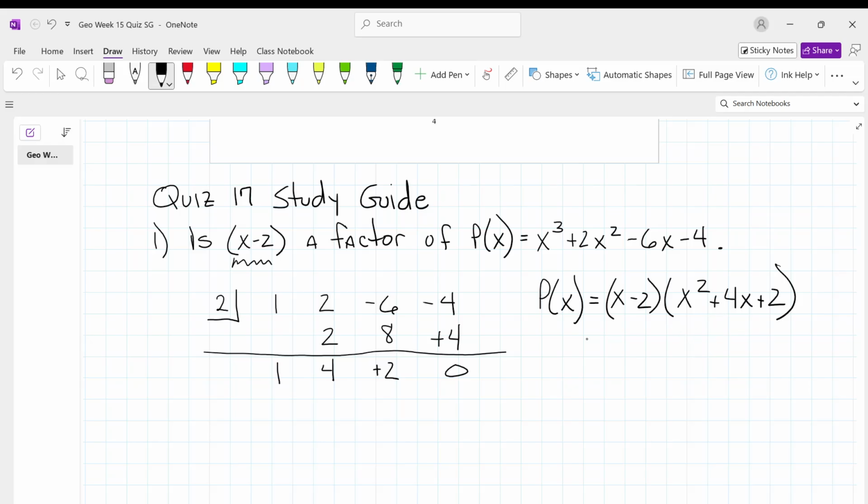And we got that from right here. All right, so it's a factor if it can be divided with a 0 as a remainder.